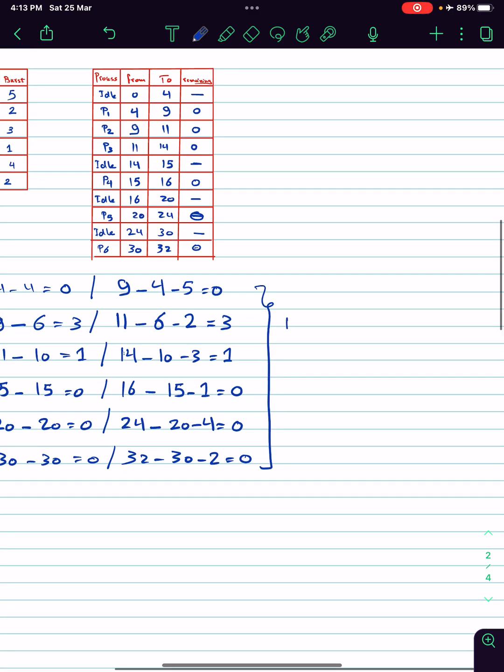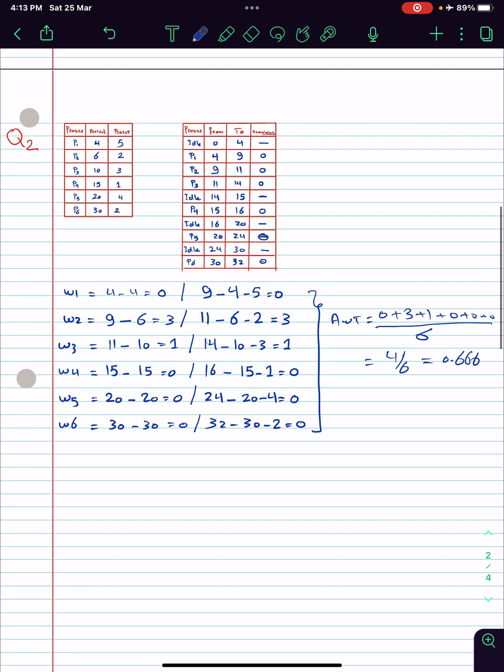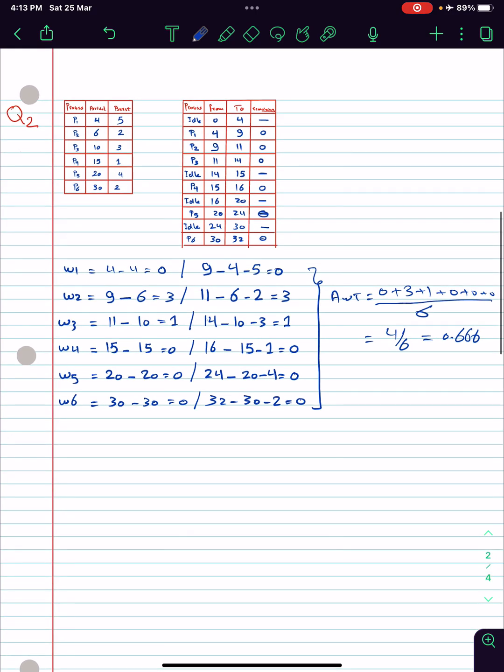Now the average waiting time is going to be 0 plus 3 plus 1 plus 0 plus 0 plus 0 divided by 6, which is 4 divided by 6, which is around 0.66. Again, the response time is going to be the same.